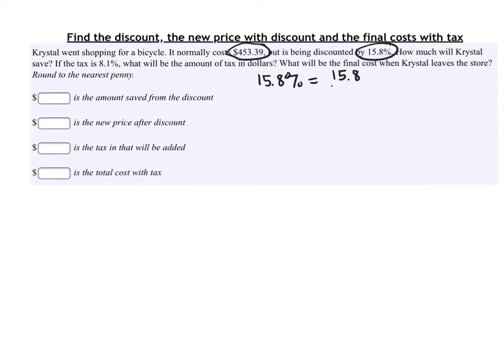It's 15.8 divided by 100, which is 0.158. This is the discount rate. So we'll take the $453.39 and we'll multiply by 0.158 to find out how much money we save.